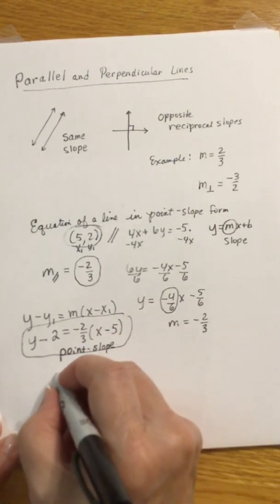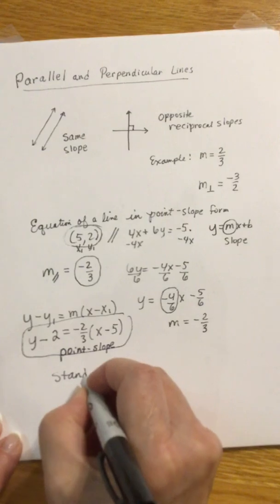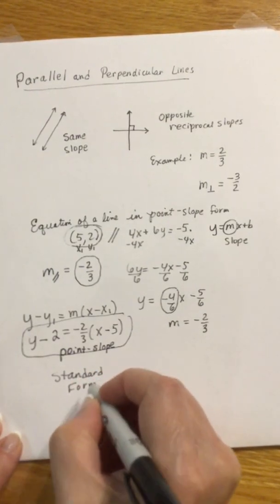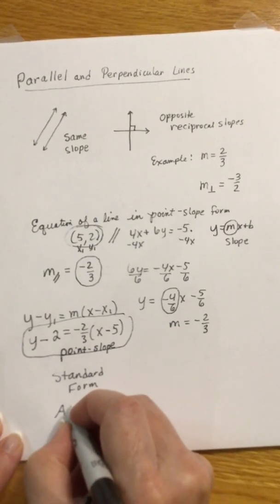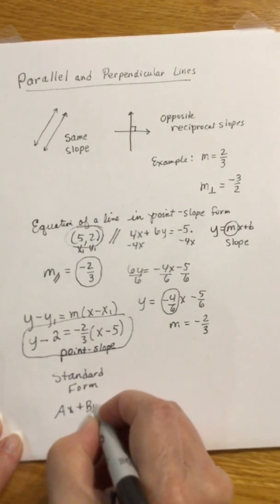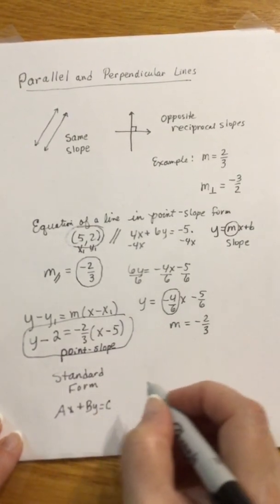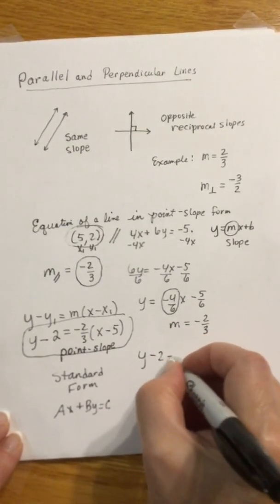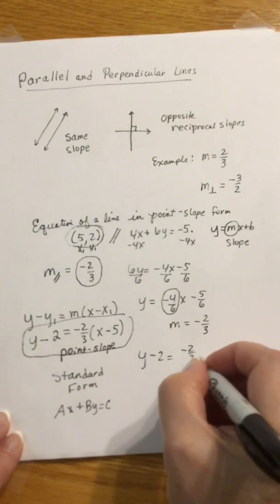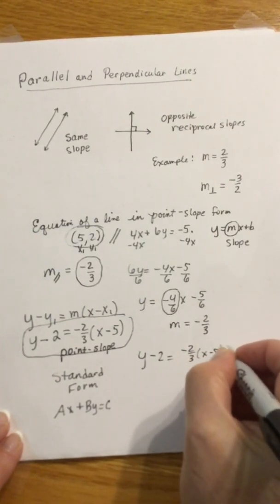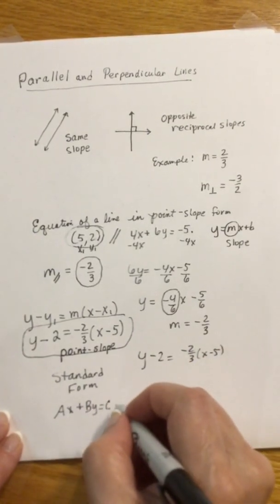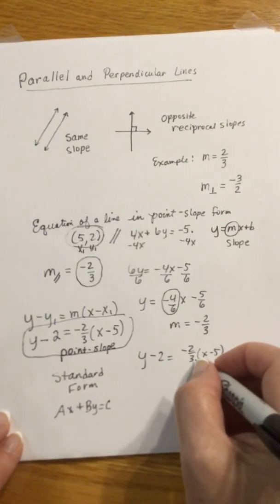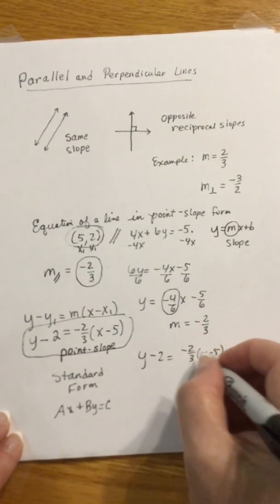Standard form would be ax plus by equals c. So we're going to take y minus 2 equals negative 2/3 x minus 5, and we're going to change it into ax plus by equals c. So the first thing I want to do is get rid of the fraction. So I'm going to multiply both sides by the 3.